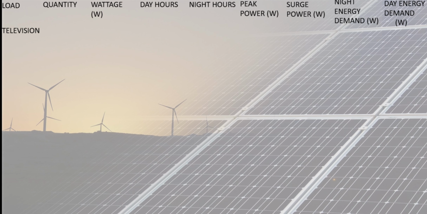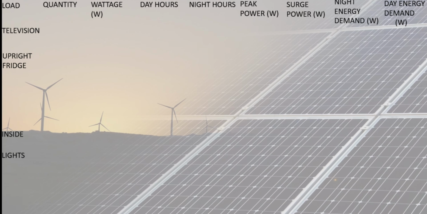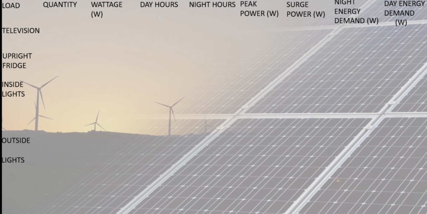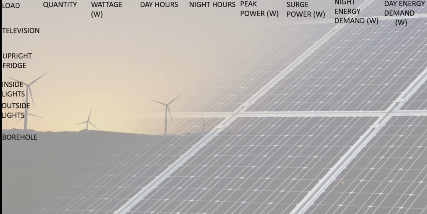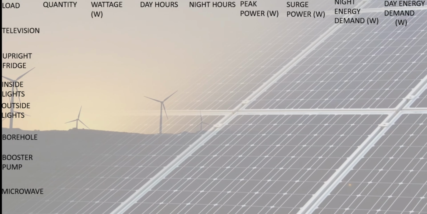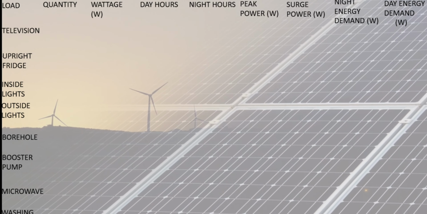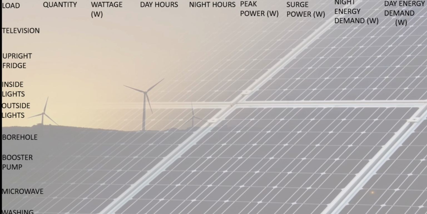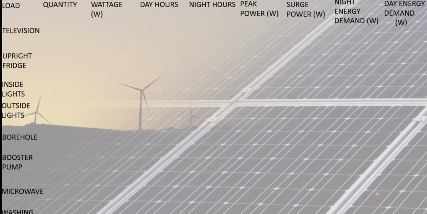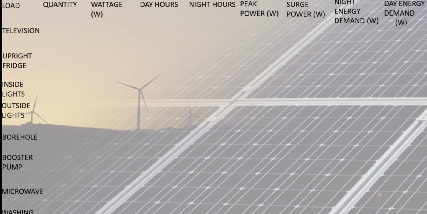Description of the device, which we can name: television, upright fridge, inside lights, outside lights, the borehole, the booster pump, microwave, washing machine. And let's say our client has provided us with the following information.